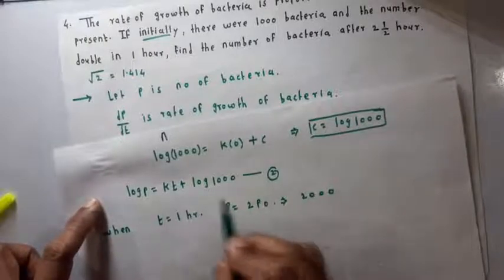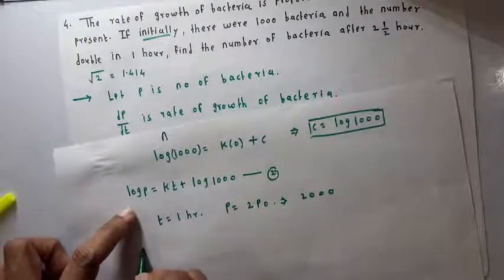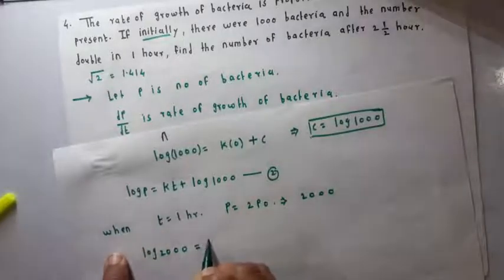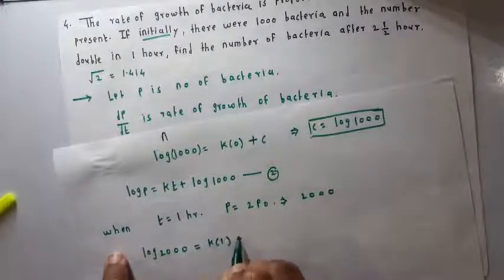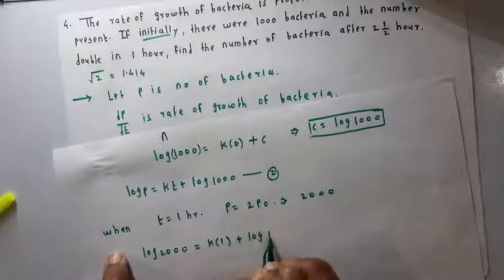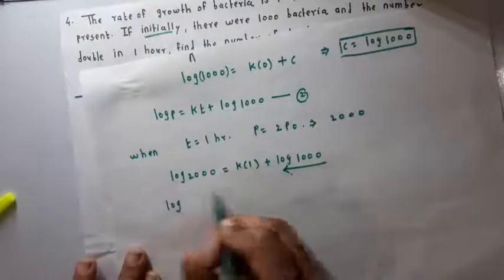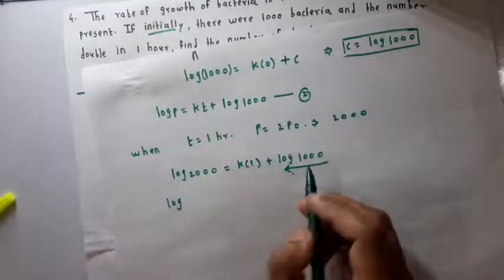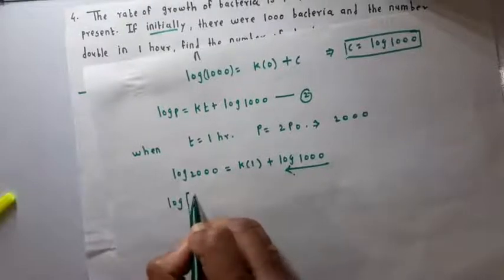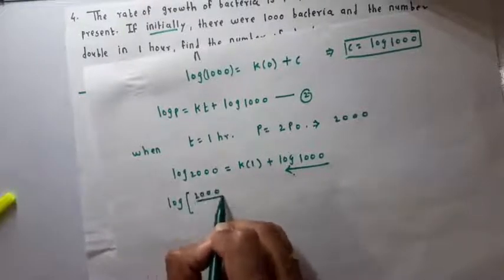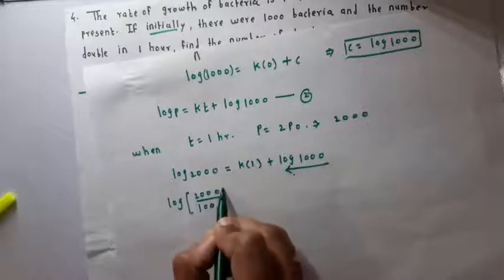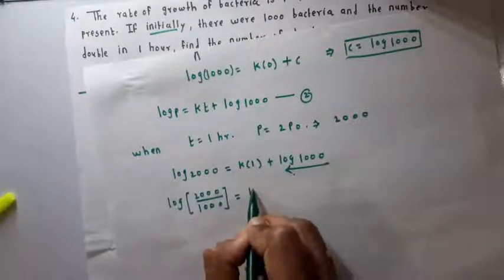Okay. Now put t equal to 1 hour and the population of the bacteria 2000 in equation 2. We get log of 2000 equal to k into 1, that is 1 hour, plus log of 1000. Now shift this log of 1000 to the LHS. We will get log of 2000 minus log of 1000, and by using the rules of logarithm, this is log of 2000 divided by 1000 equal to k.